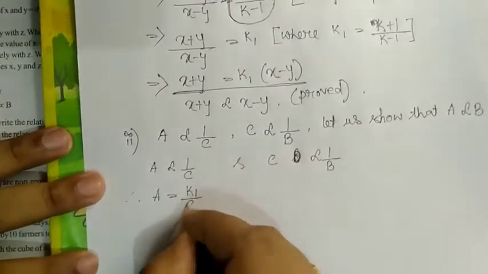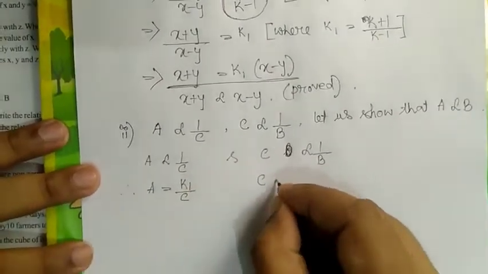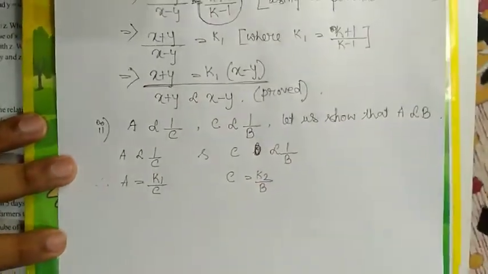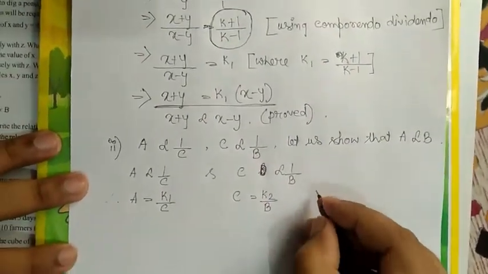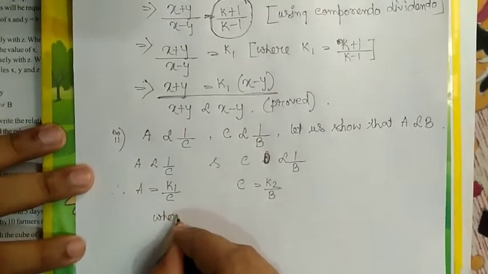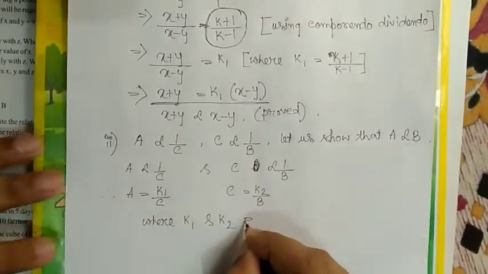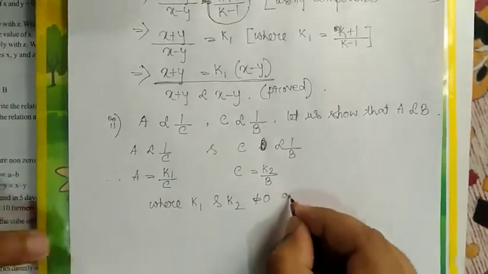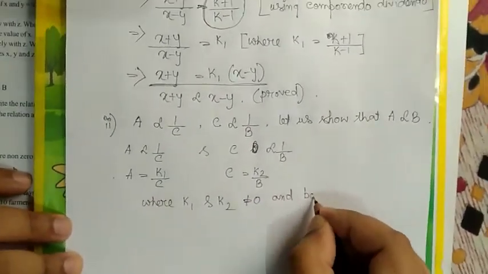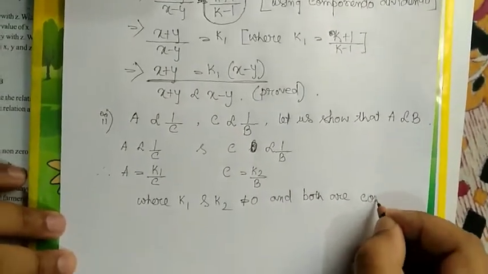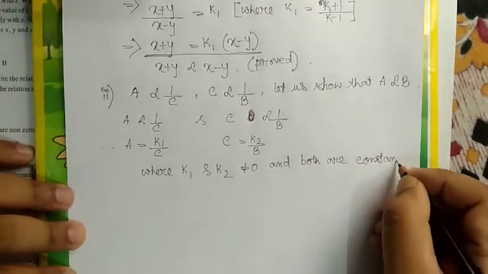k1 by c and c equal to k2 by b, where k1 and k2 are not equal to 0 and both are constants of variation.